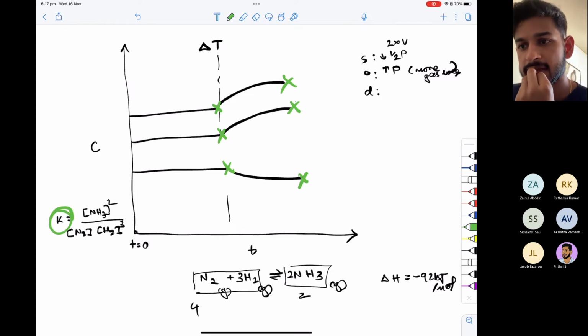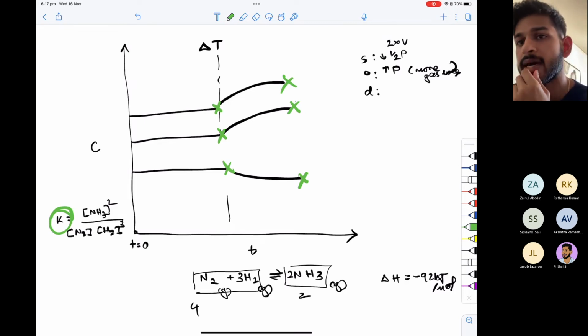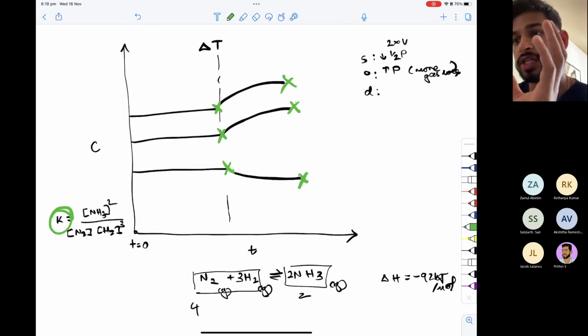Does that make sense, Sid? So the reason that temperature is the only disturbance to affect K is because temperature doesn't immediately affect the concentrations of any of the gases. The equilibrium shifts to change the temperature, whereas with all the other disturbances, the disturbance itself changes all concentrations, and the system will readjust to restore K.